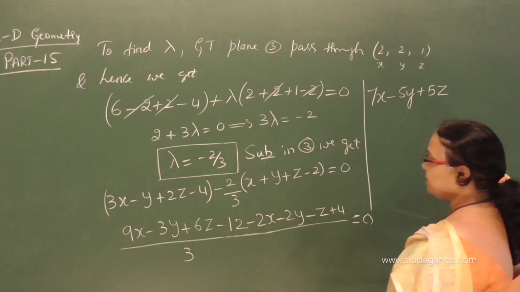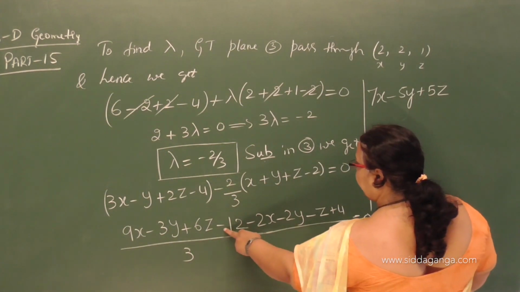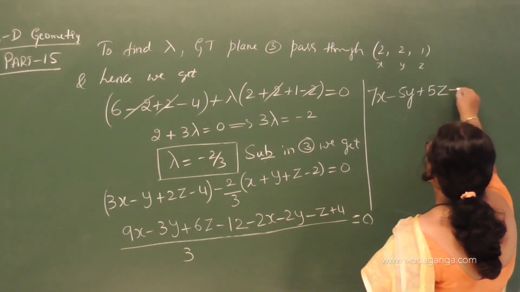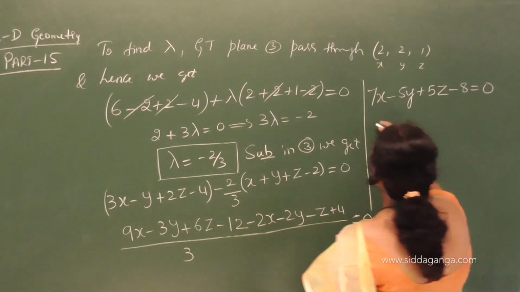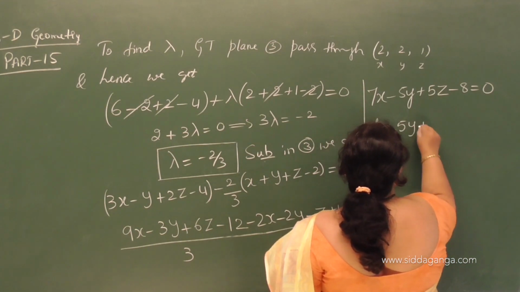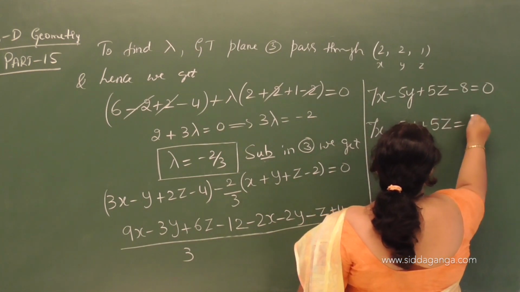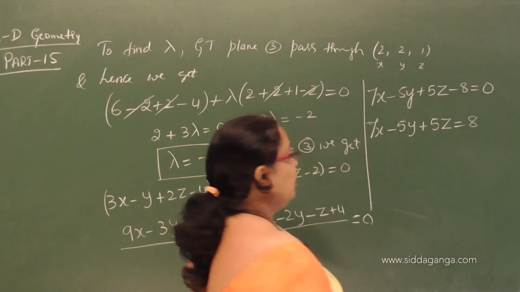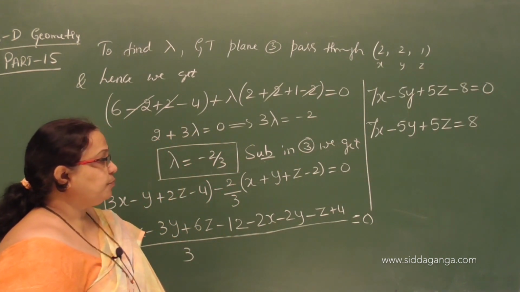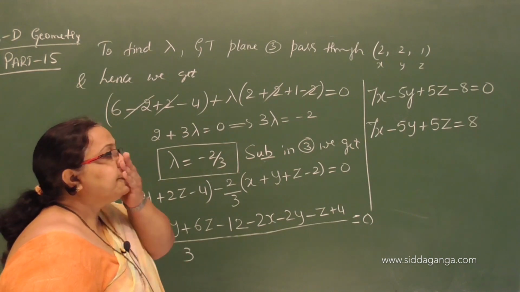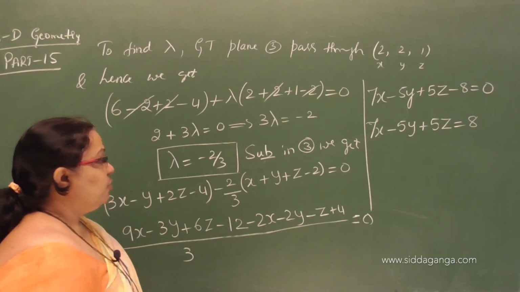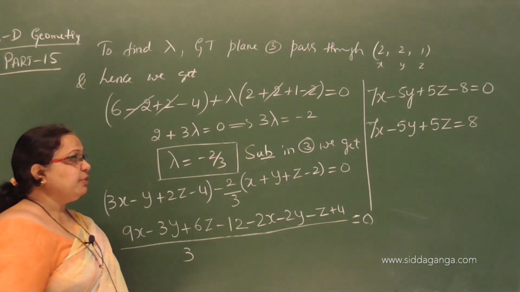Simplifying the constants, minus 12 plus 4 is minus 8 equal to 0, or 7x minus 5y plus 5z equal to 8. This is the required equation of the plane, that is in the Cartesian form.